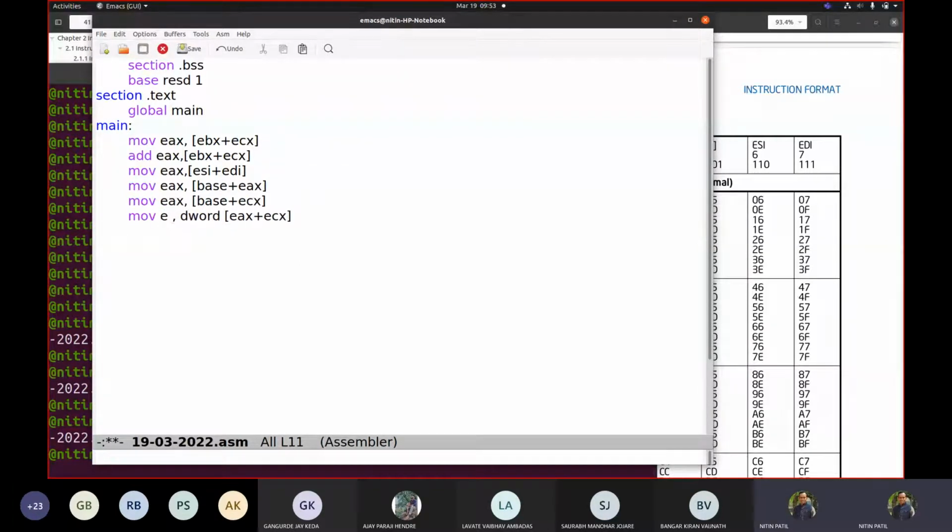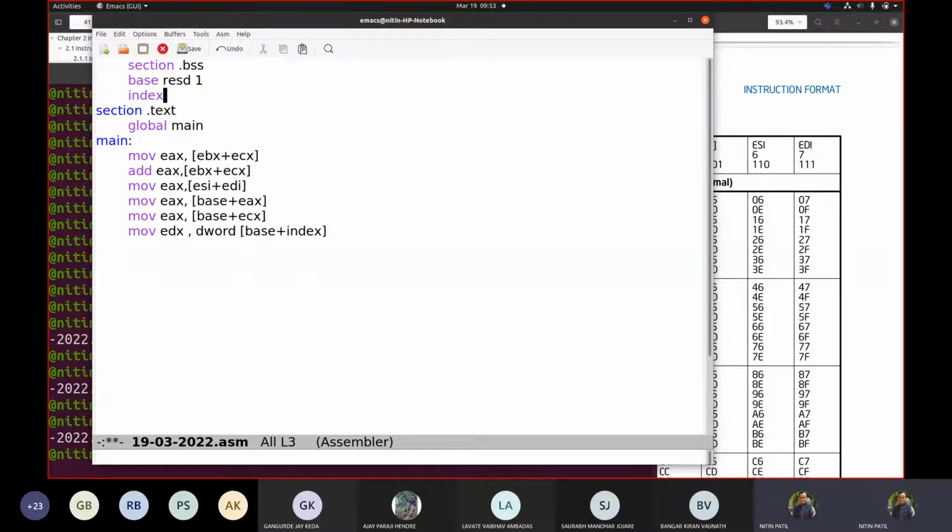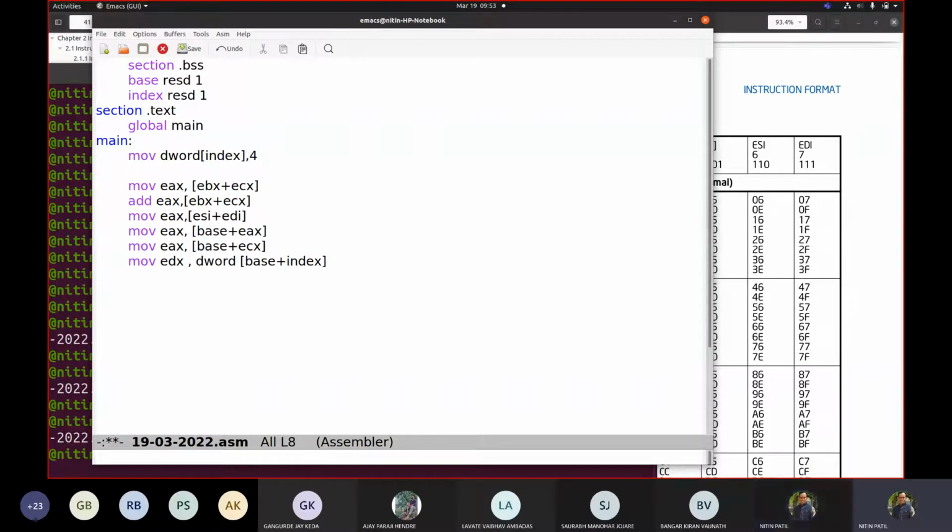So if I replace it by say EX, base comma index, and here I'm saying move the word of index comma 4, move the word of base comma ESP.